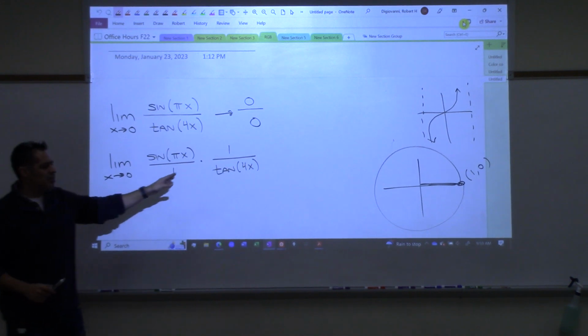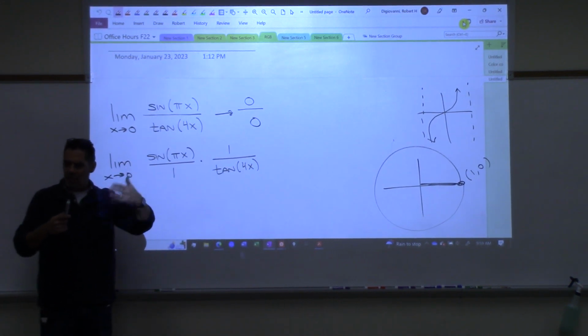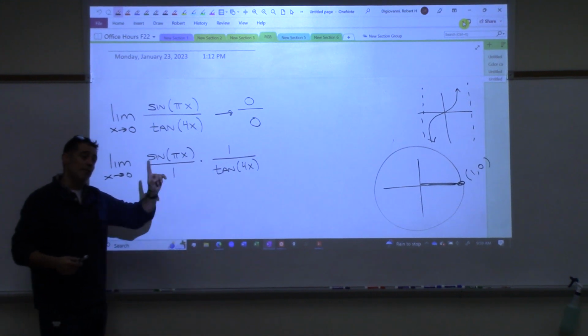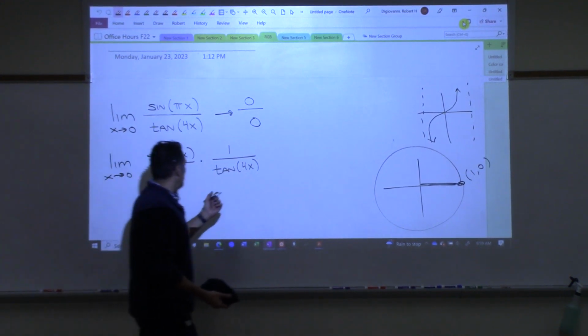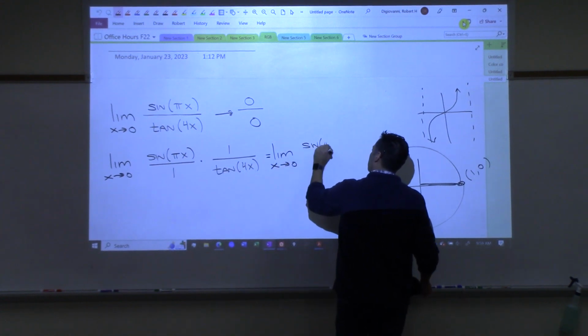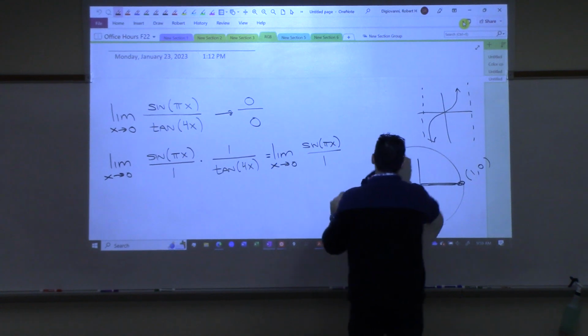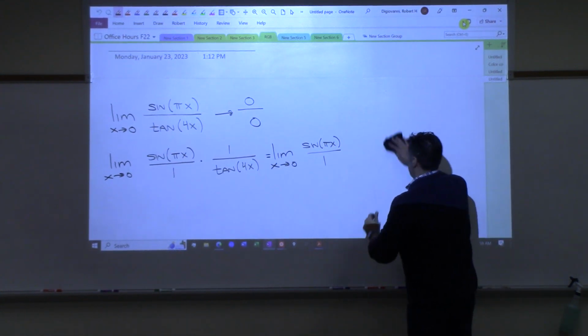But see, it's tangent, not sine, right? The formula I gave you was sine junk over junk, that sort of thing. Here we don't have sine. However, tangent is made up of sine, isn't it? Tangent is sine over cosine. So I'm now going to rewrite this as limit x goes to 0, sine pi x over 1, and then let me just take my time with this.